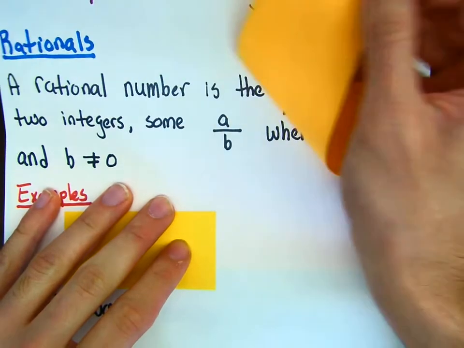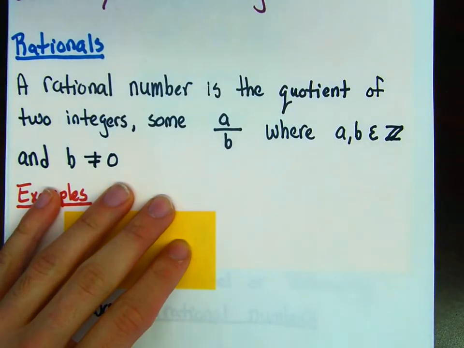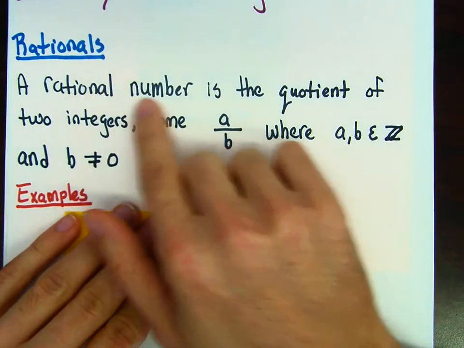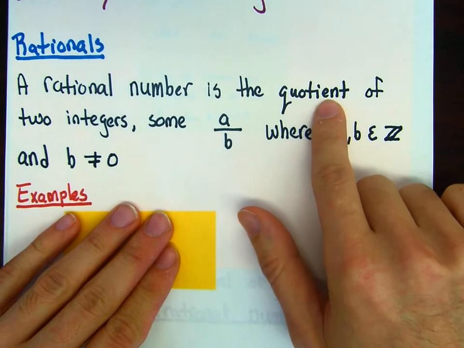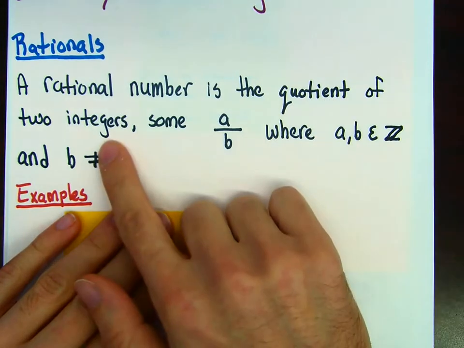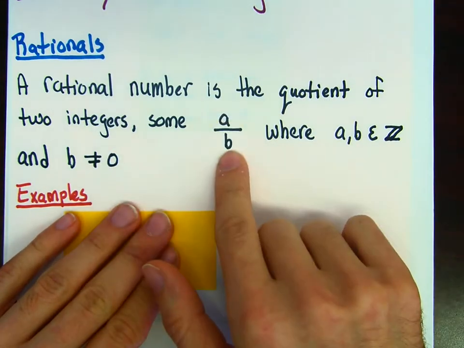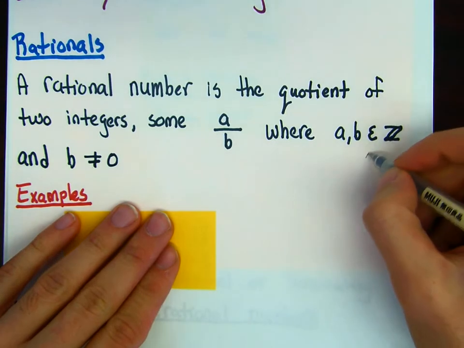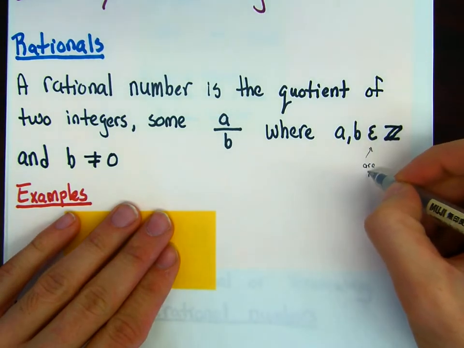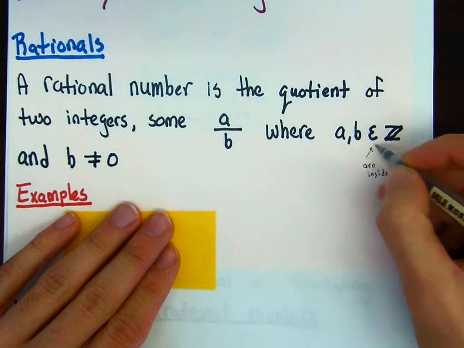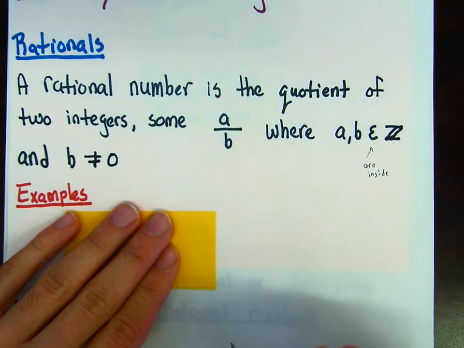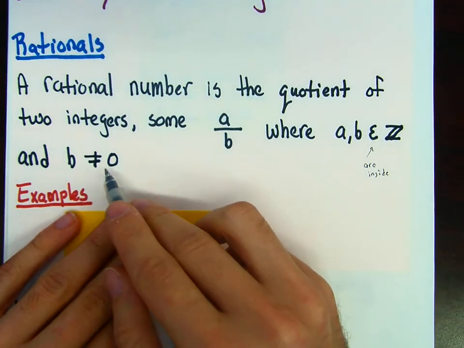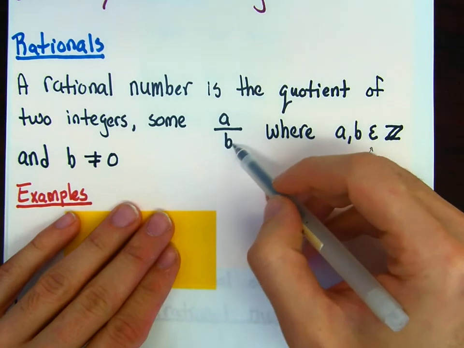Here, we're going to say that a number is rational if it is the quotient of two integers, some a over b, where a and b, and this symbol means are inside the set of integers. And our b value cannot be 0 because you're not allowed to divide by 0, right?